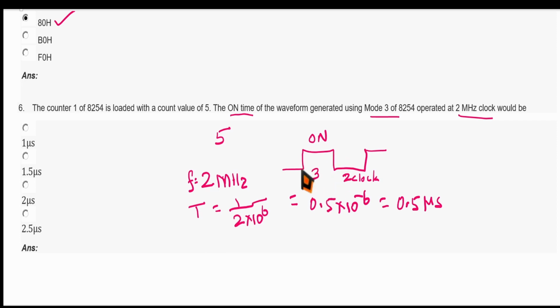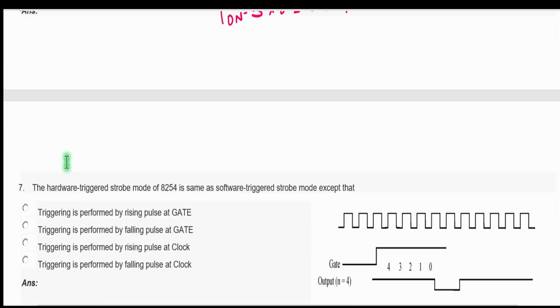But the on time is based on 3 clock periods. So 3 into 0.5, that is T on period. T on is equal to 3 into 0.5, which is equal to 1.5 microseconds. So it is there. So this is correct. Now let us see the next question.